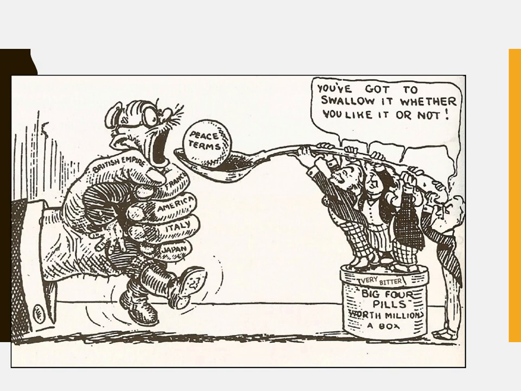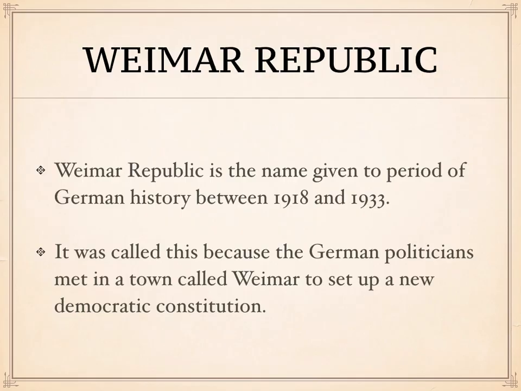This myth then becomes quite powerful in the German psyche, I suppose, that they were forced to swallow the terms of the peace treaty while being strangled and gripped by the big four, when they felt that, especially with the war guilt clause, they weren't the ones who initiated the war, yet they were getting this blame. They felt they were being blamed for things they shouldn't have been blamed for.